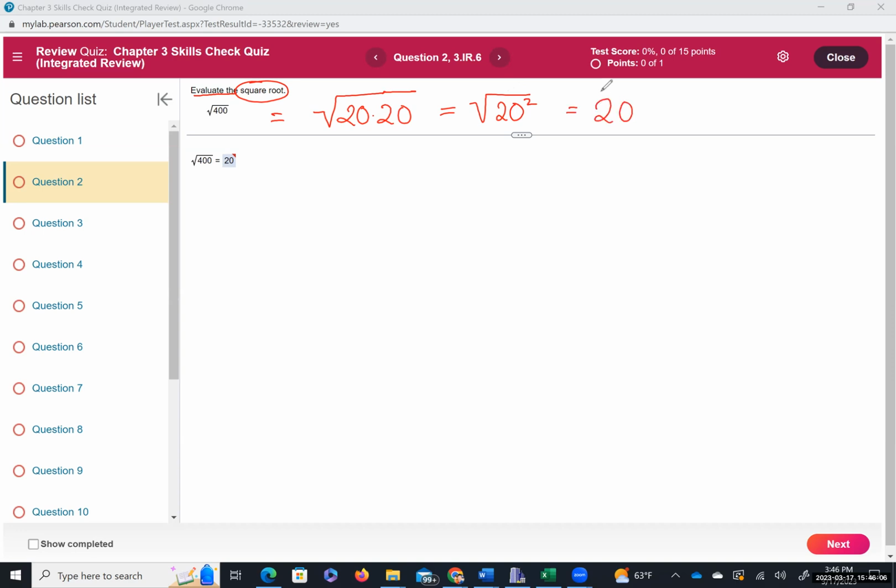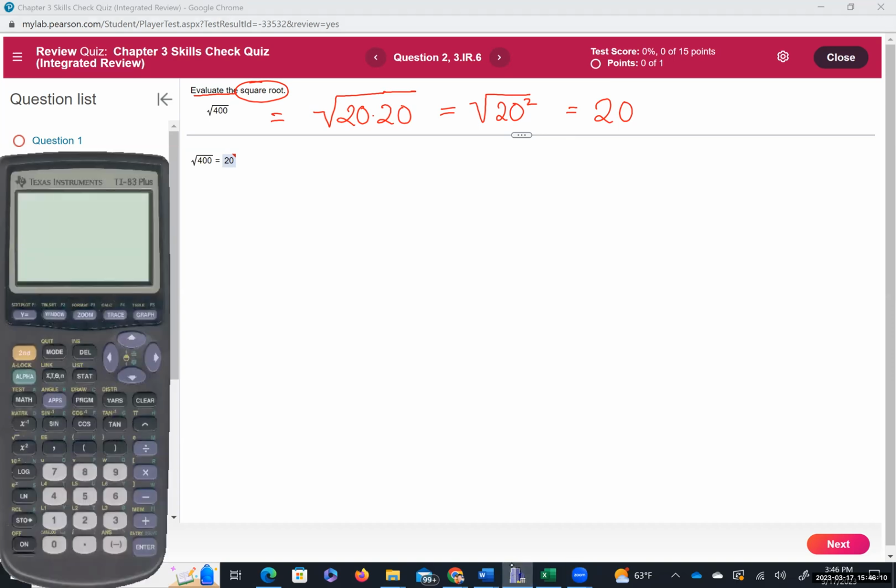And for these kinds of problems, you can use a calculator to make your life easier. So let's say square root of 400, right? You get 20. Okay, so that's going to be the 20 for this one. Let's move to the next.